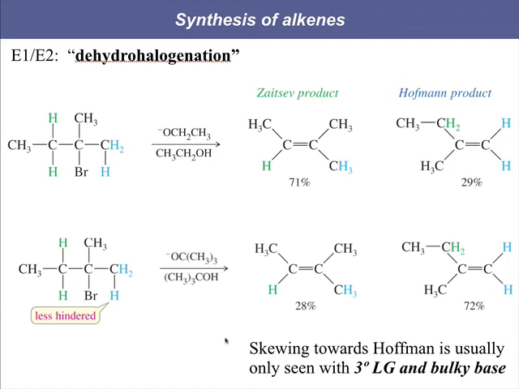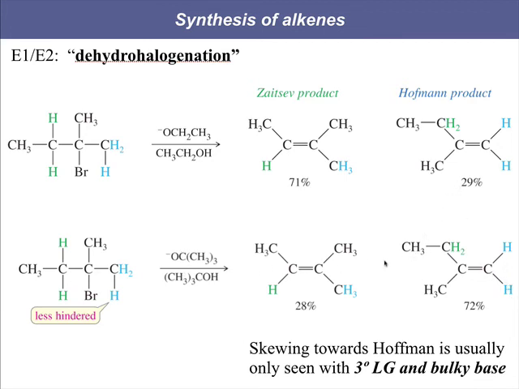Now, your book shows you this, and this can be a little bit misleading, so I really want to clarify it. Here they're showing, notice that in the top reaction, we're using ethoxide, a 2-carbon alkoxide base. That's a strong base that's not particularly bulky. Here they're using t-butoxide, and they're showing you that if you use a bigger, bulkier base, you actually get the Hofmann product as the major product.